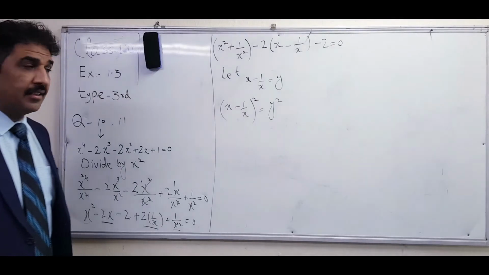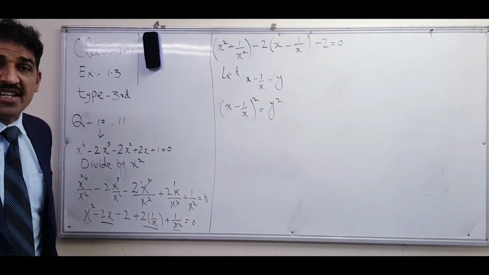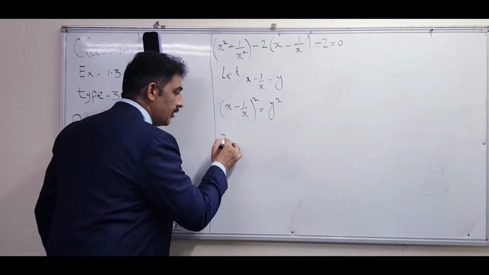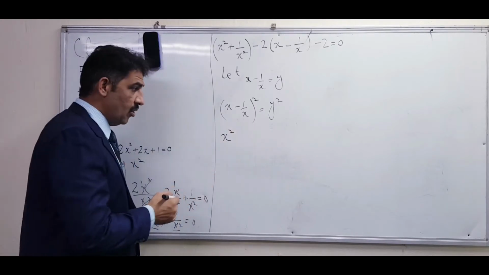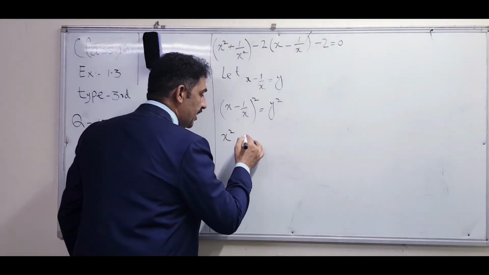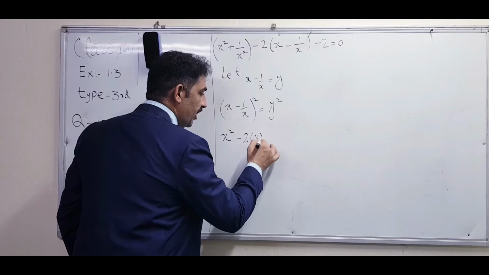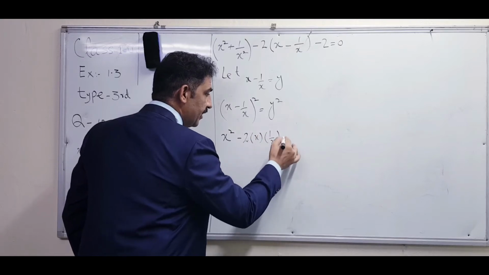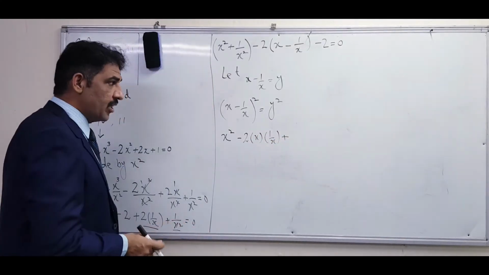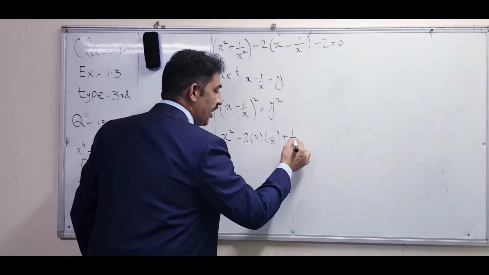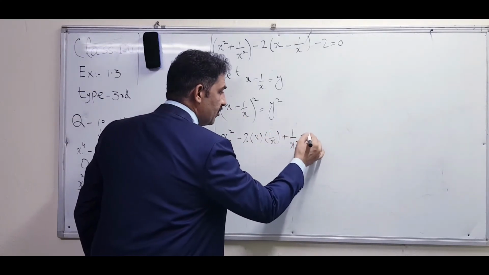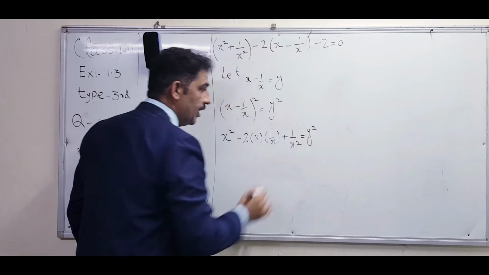Squaring on both sides, open the square on the left hand side. What will come? Square of the first term, x square, then minus 2ab, x into 1 over x, and plus b square, the second term squared, 1 over x square, is equal to y square.